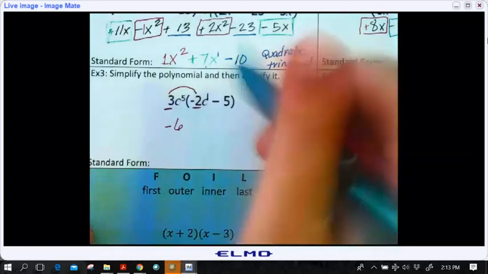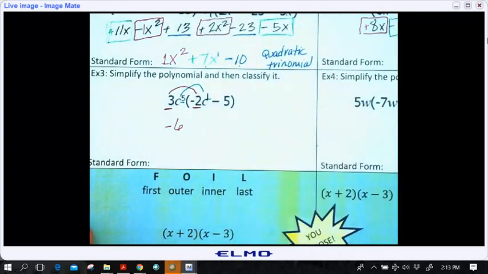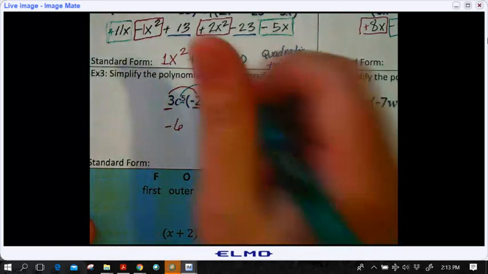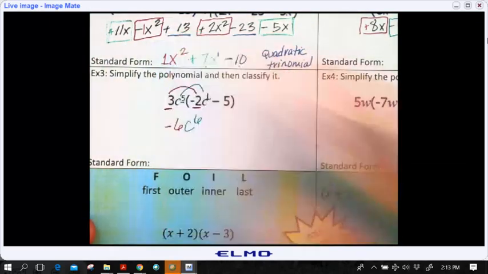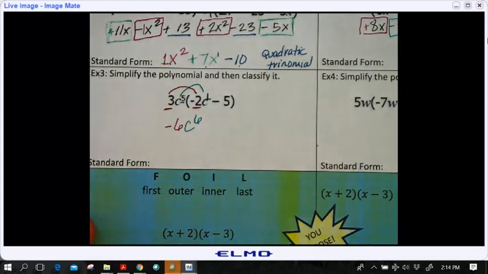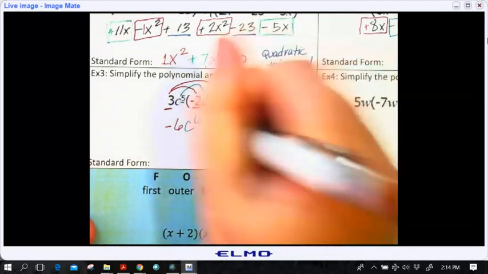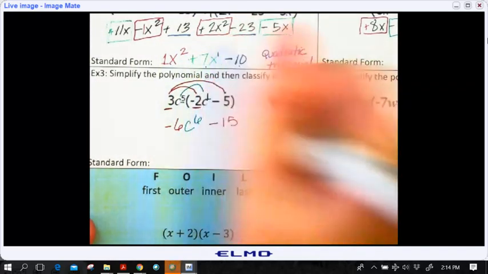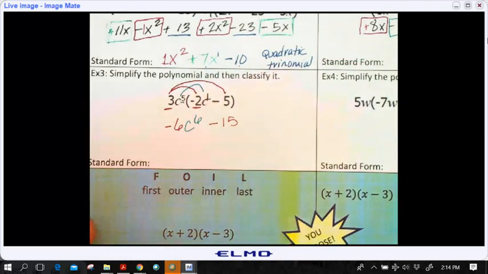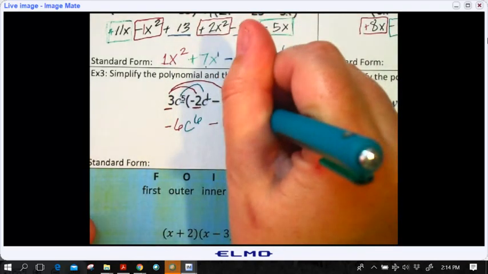And then I'm going to do c to the 5th power times c to the 1st power. And I need to add these exponents. So I get c to the 6th power. Okay. And finally, let's distribute the 3 to the -5, and that gives me -15. And I have no variable terms here to multiply this with, so I'm just going to keep it c to the 5th.